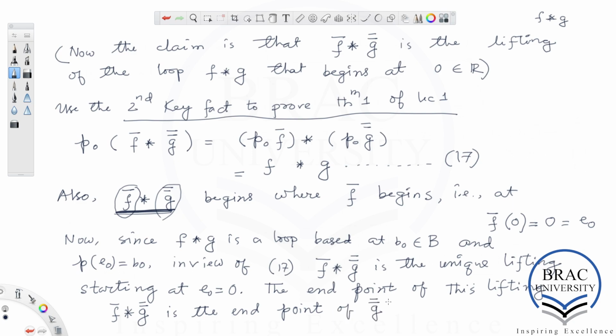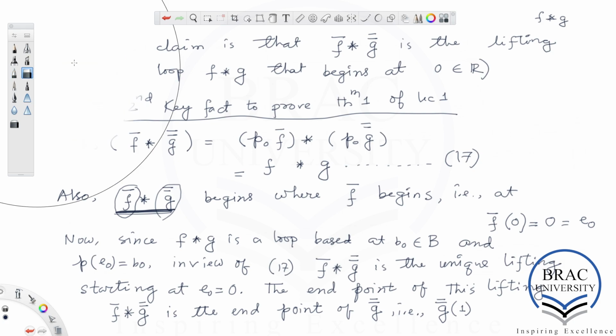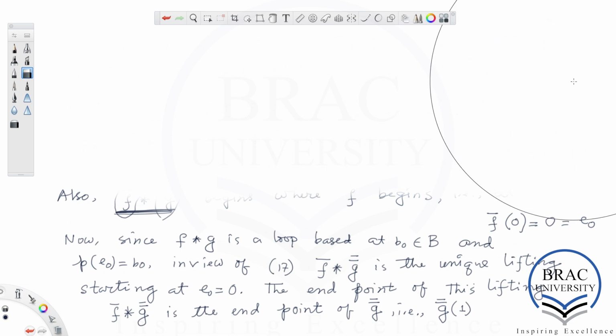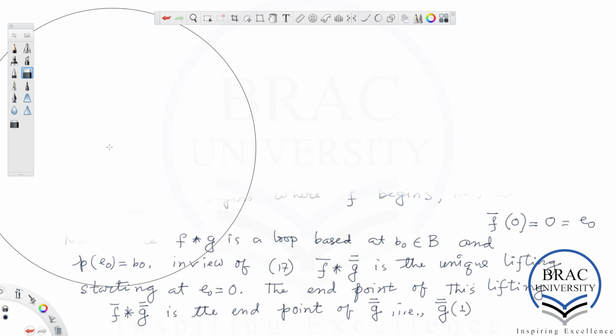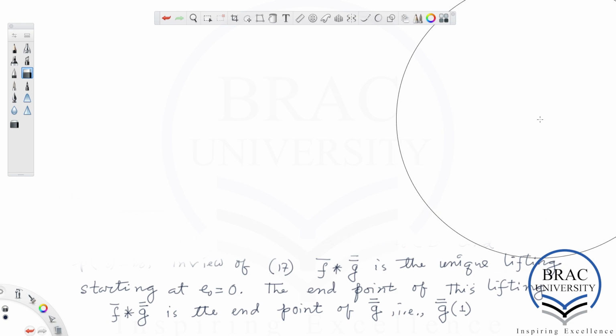That is G double bar of 1. Good. I need some space to conclude the proof of this theorem, the main theorem.